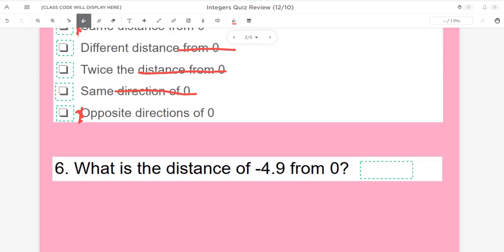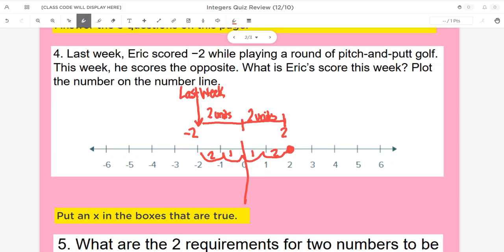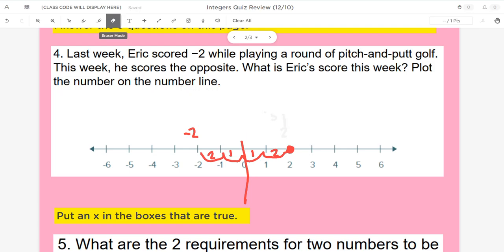And then what is the distance of -4.9 from 0? So here we're looking at going back. I'm going to just use this number line here, so that way we can look at it visually here. But it's saying 4.9, which would be right about here, -4.9.